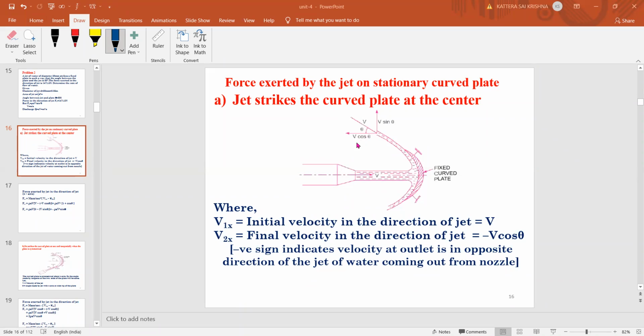Here the negative sign denotes the opposite direction of the jet of water coming out from the nozzle, at the outlet. Why the minus here? Because the velocity of the water coming out of the outlet is in the opposite direction to the jet. So that's why we are taking it as the negative direction. Minus v cos theta is the final velocity in the direction of jet.